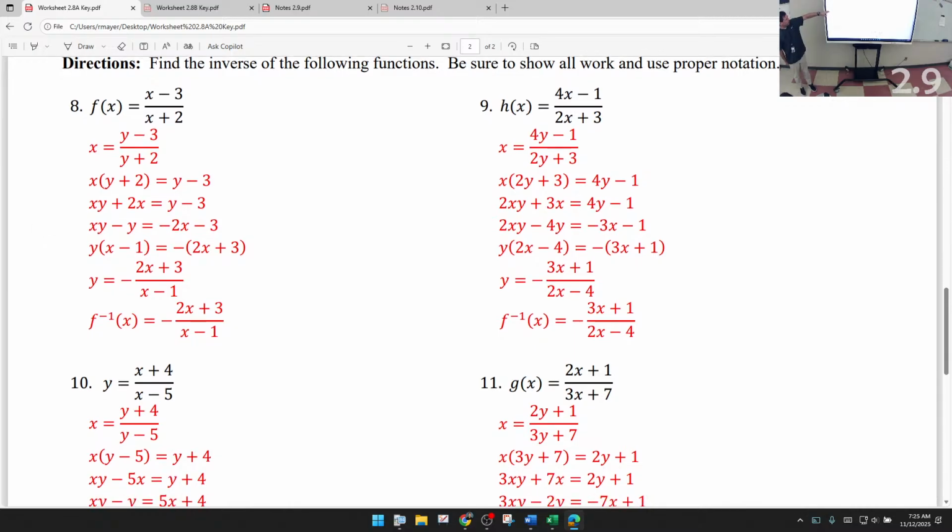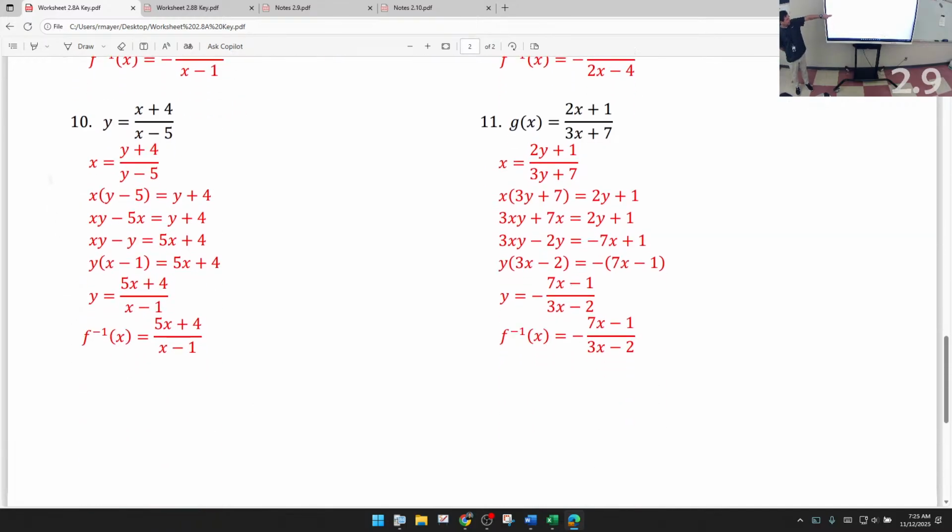Number 8 took a little bit more work. So I have (negative 2x plus 3) over (x minus 1). Again, there are other ways to write that. Number 9 should be h inverse, (negative 3x plus 1) over (2x minus 4).